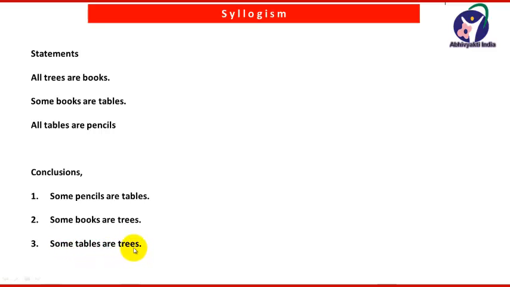Now let us first try to solve this with the help of 150 method, and then we will solve with the help of Venn diagram. So here the first statement is all trees are books. So here the sentence is beginning with all, so here we will assign 100 number and here we will assign 50 number.